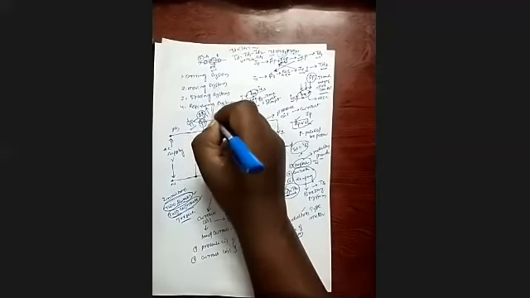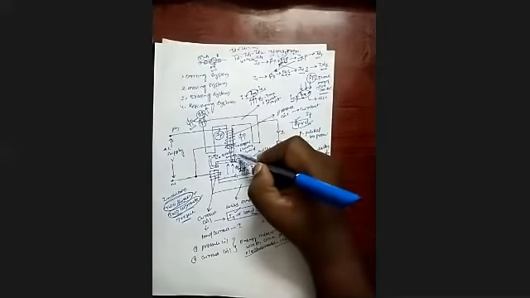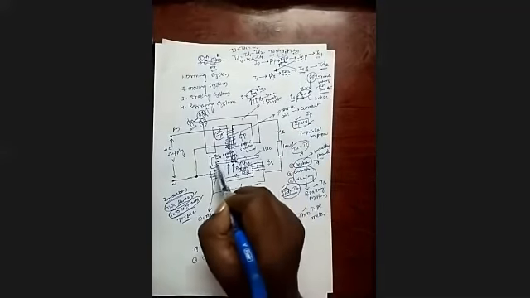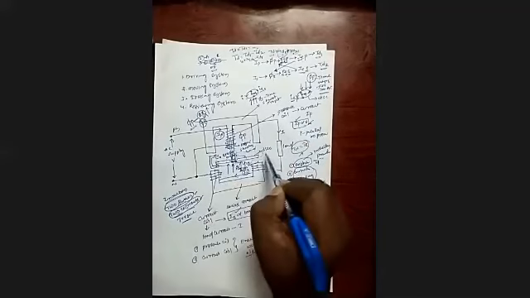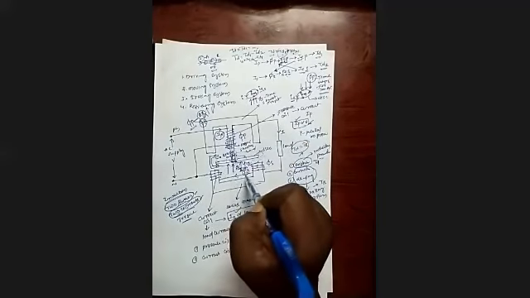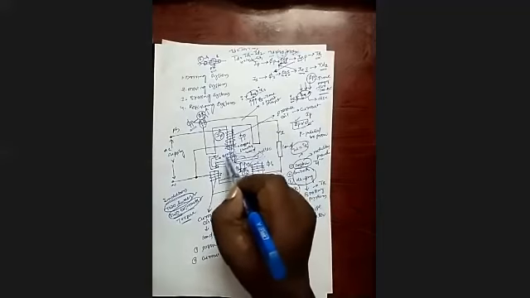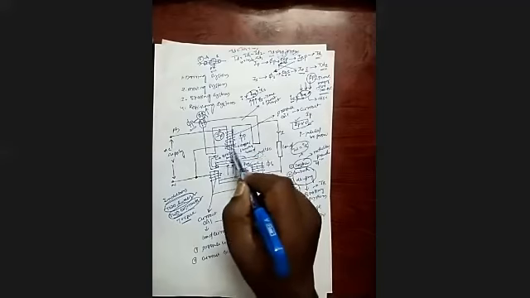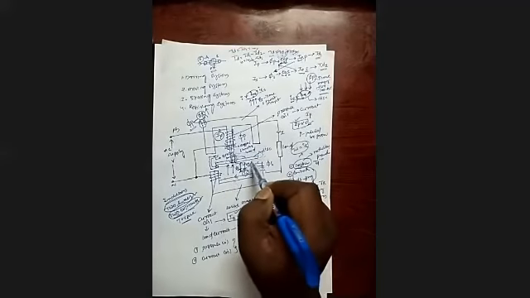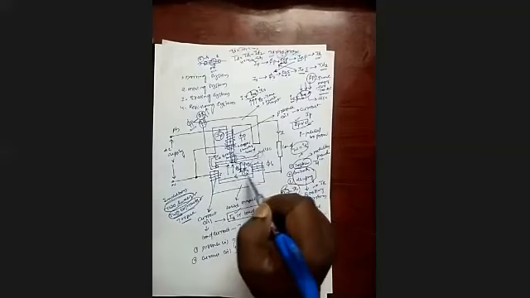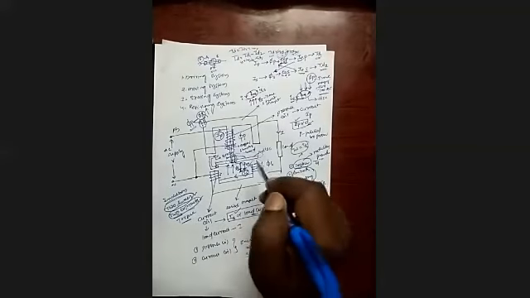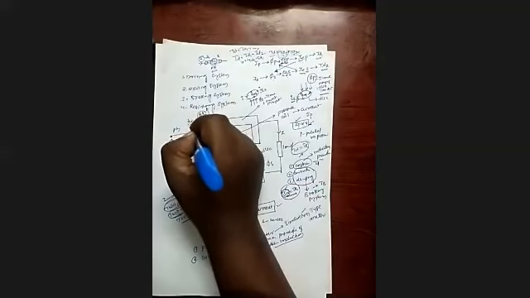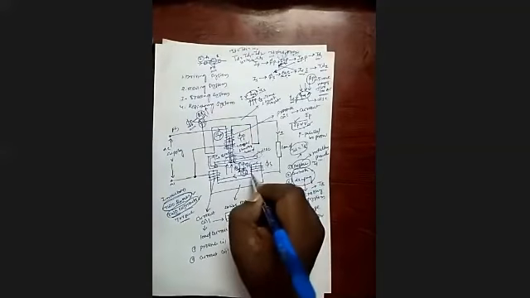There is a small gap between the pressure coil and the series coil, and in that gap we place an aluminum disc. Compared to the series coil flux, the pressure coil flux interacts more with the aluminum disc. That's why the deflecting torque produced by the pressure coil flux is more than the torque developed by the series coil flux. While designing the instrument, the torque developed by the pressure coil flux is made more than that developed by the current coil flux.